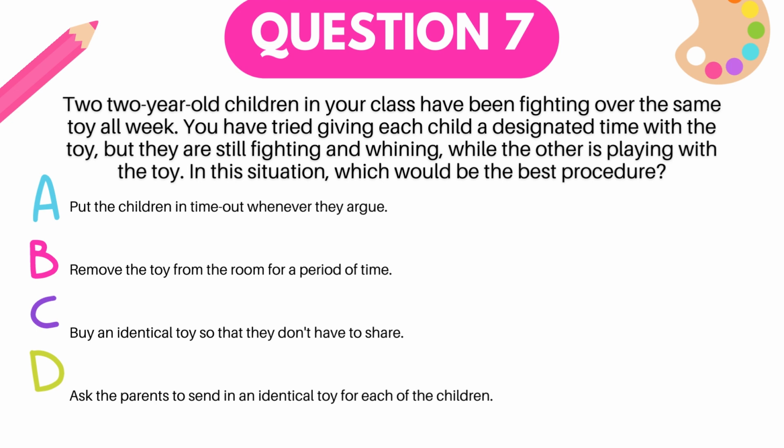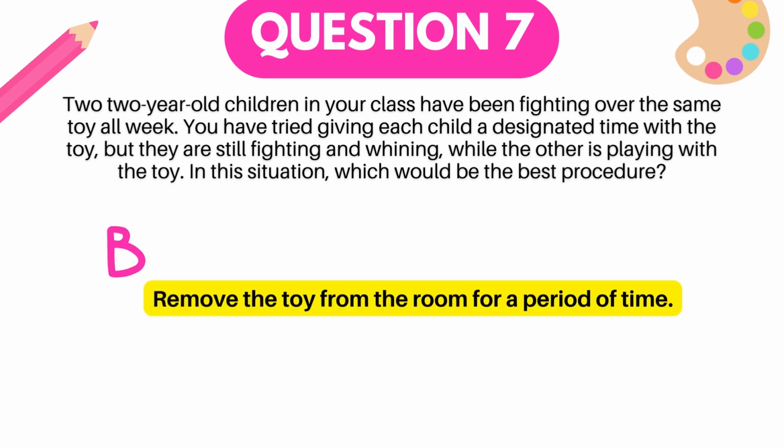All right, so A, put the children in timeout whenever they argue. B, remove the toy from the room for a short period of time. C, buy an identical toy so they won't have to share. D, ask the parents to send in an identical toy for each child.